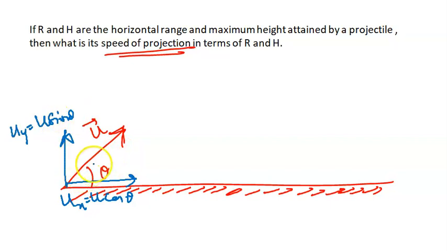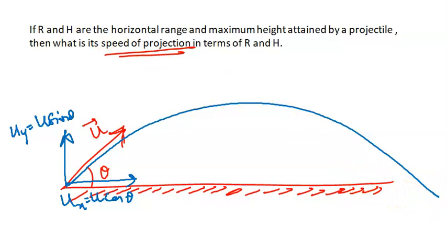As soon as the projectile is projected, as it is an oblique projection, it will have two directions of motion, horizontal as well as vertical. Now the projectile path would be like this. This is the path which is named as a parabolic path.